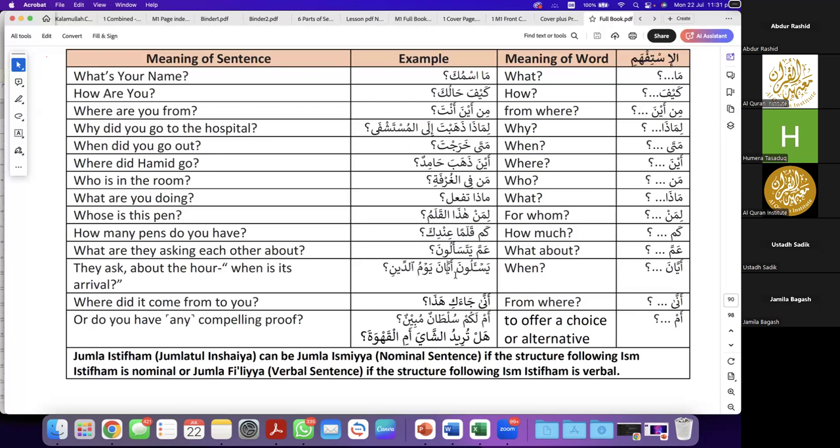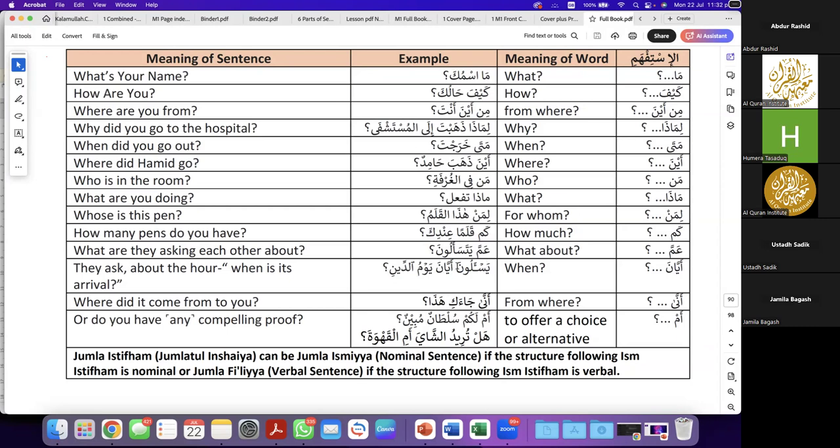Jazakallah khair. One more point here. All these examples clearly tell us that when the harf istifham or ismul istifham comes, it will be an interrogative sentence. Any interrogative word coming before the sentence is a must. It will start a jumlatul istifham, and there's no exception to that. It will never come in the middle of a sentence. We saw a verb here, and ayyana yawmuddin, and ayyana is in the middle.